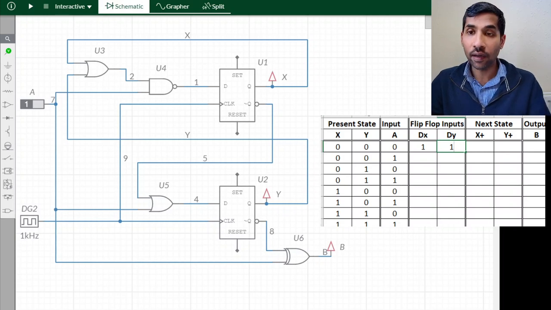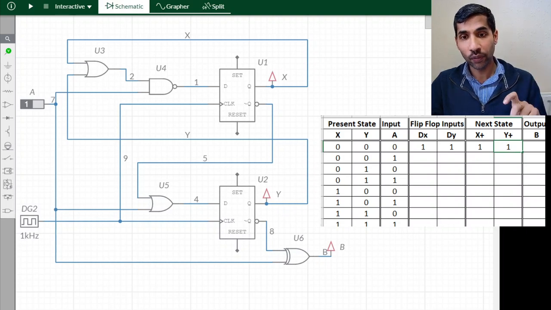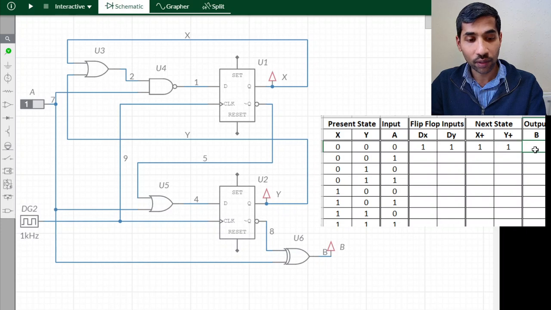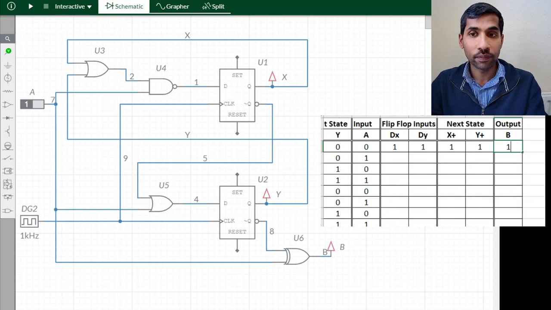So x bar and y bar are also 1 and 1 in this case, isn't it? And lastly, what is going to be b? Now b is equal to y bar. Y bar is 1 and a is 0, so it's an exclusive OR of 0 and 1, which is again 1, so our b is 1.